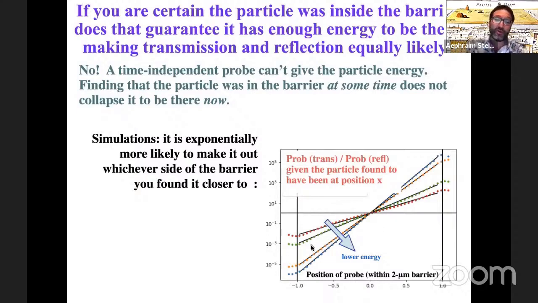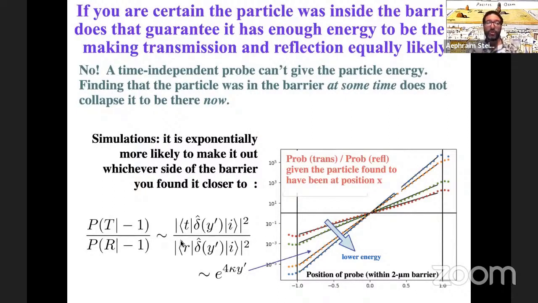It's exponentially more likely to come out on the left if the position was on the left, which is really funny because what it means is it looks as though the particle shows up at this position where I found it, but it still needs to tunnel either to the right or to the left. And it has an exponentially decaying probability in either direction. It turns out, mathematically, it's easy enough to show why that occurs, but it's kind of provocative.